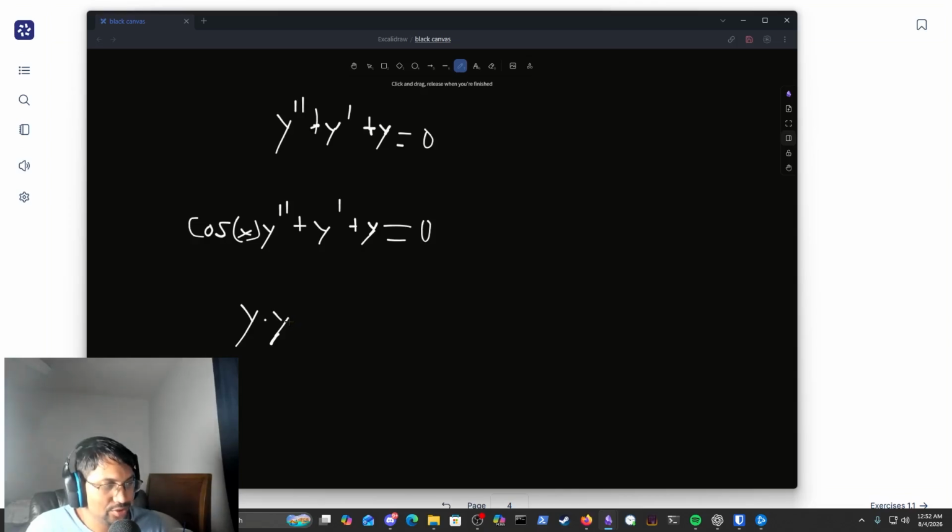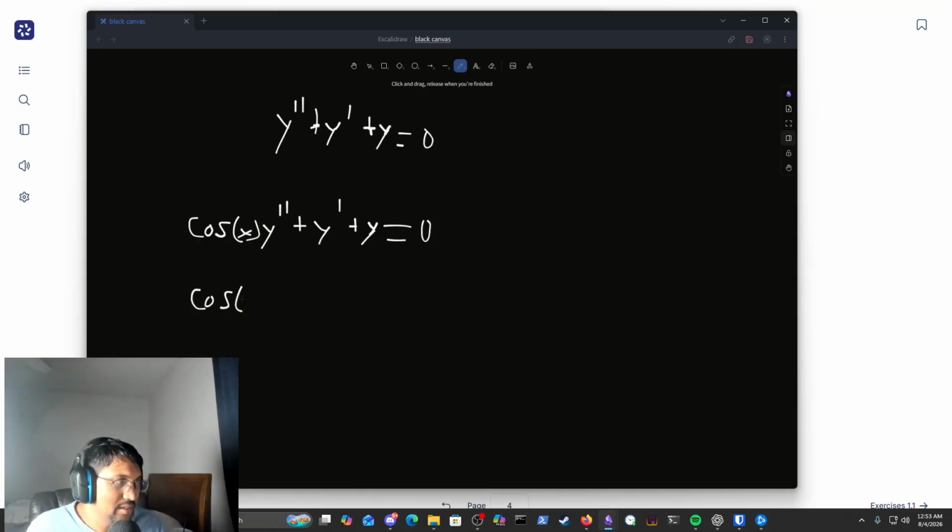And that goes into something called superposition, which starts getting very precise and mathematical, and I want to keep that a little bit light. But essentially all you need to know is that because we have this other variable x being multiplied by y prime prime, we can say that this is still linear.